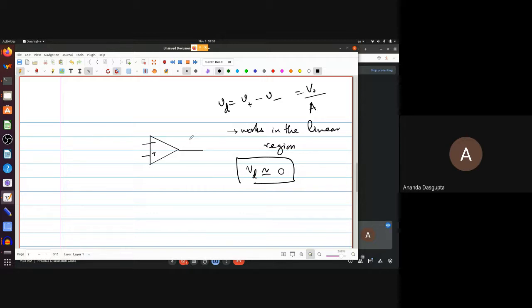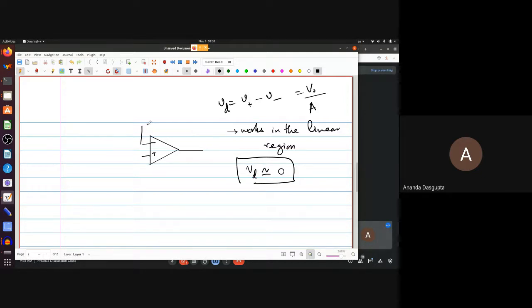Of course, the output cannot really rise without bound. What will happen is it would rise and get saturated. If you want to prevent that, if you want to keep the op-amp working in the linear region, the only thing you have to use is negative feedback in some form or the other.